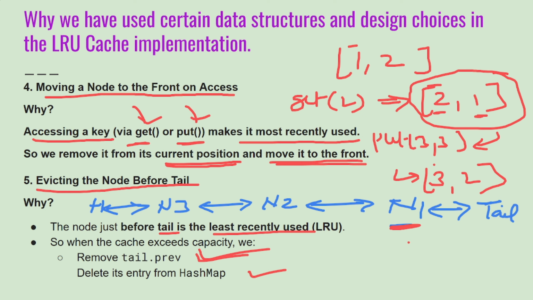In this case, this position is tail.previous, which is node 1. So we have to remove it from the doubly linked list, and we also have to remove it from the HashMap. I hope you understand.